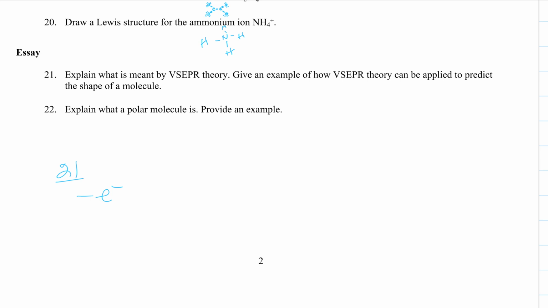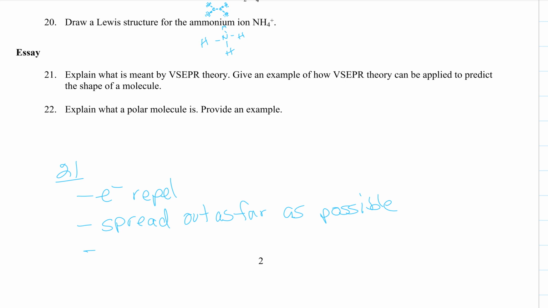Okay. So electrons repel, and they spread out as far as possible. All right. So give an example of how VSEPR theory can be applied to predict the shape of a molecule.